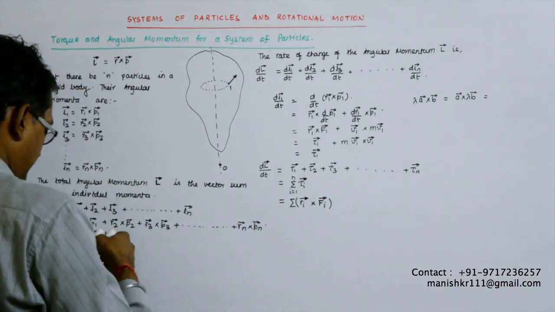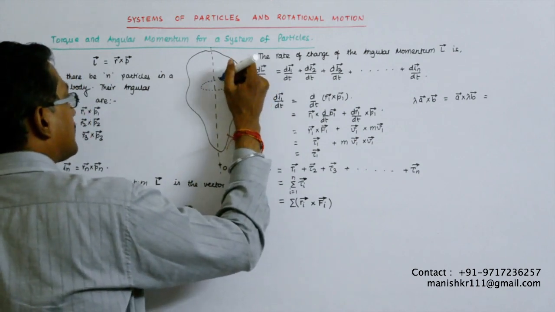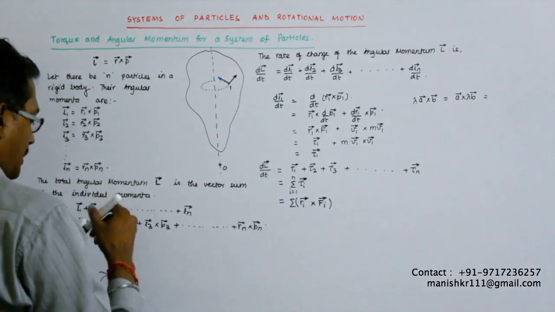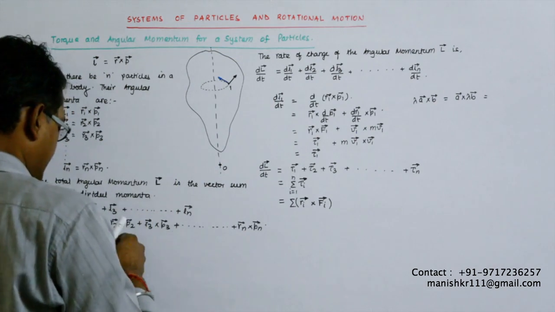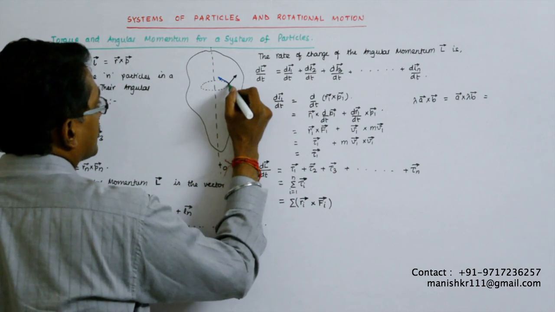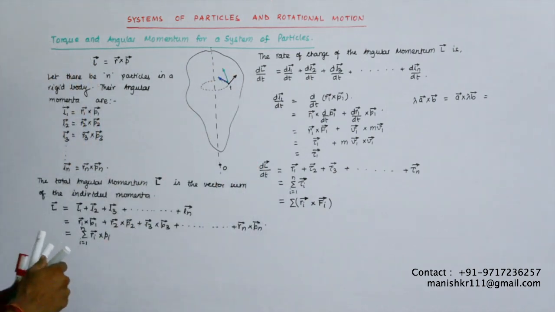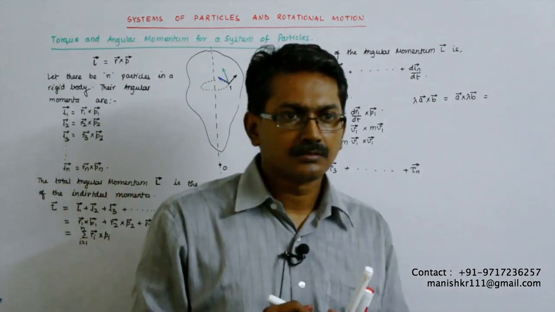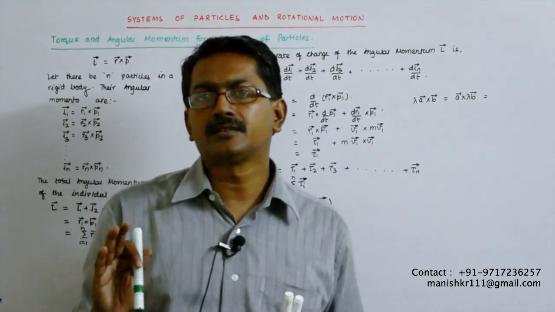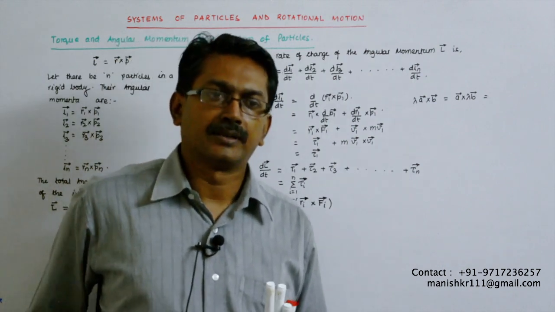It may be having a force like this, and then a force like this. So what is F1? That is the vector sum, the resultant of all the forces acting on particle 1. Correct?